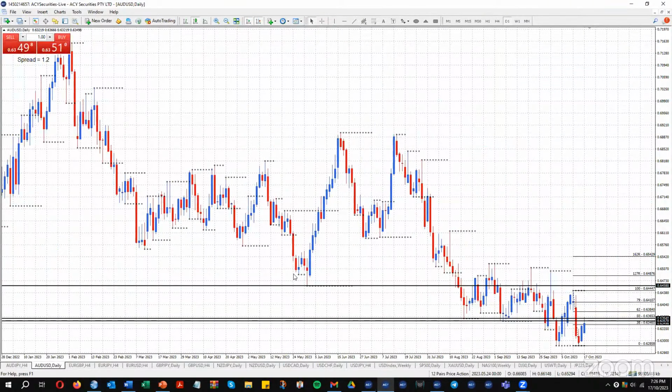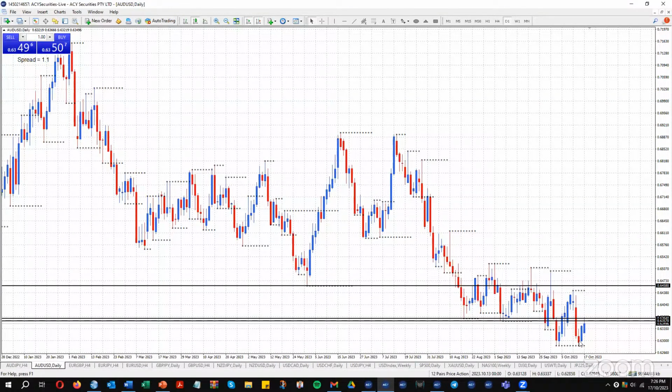Aussie dollar. Just take that off for the moment. Range bound to down. Could be putting in equal lows here at the moment. It's been below and above this weekly support or resistance area here.